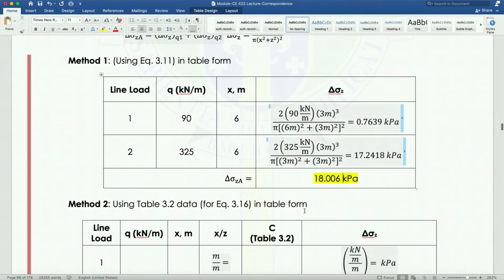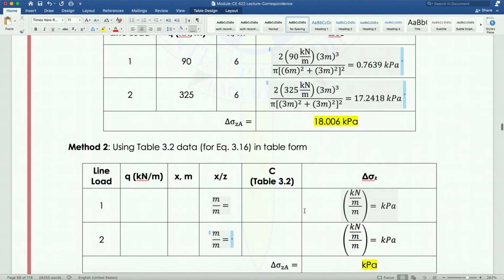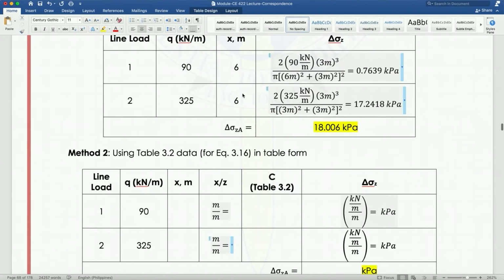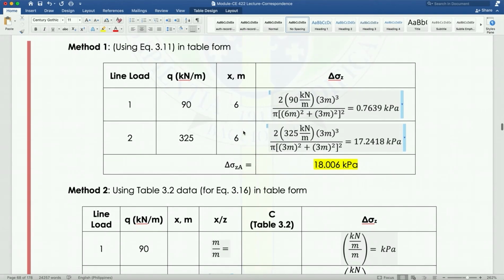Okay, next, if we are going to use the table, we will be needing q, x over z, and we have c. Then we can solve for delta sigma z. So again, q is 90, this one is 325. Next, what is the x? So we have 6. Oh no, this is not 6, this is 3 lang ito.